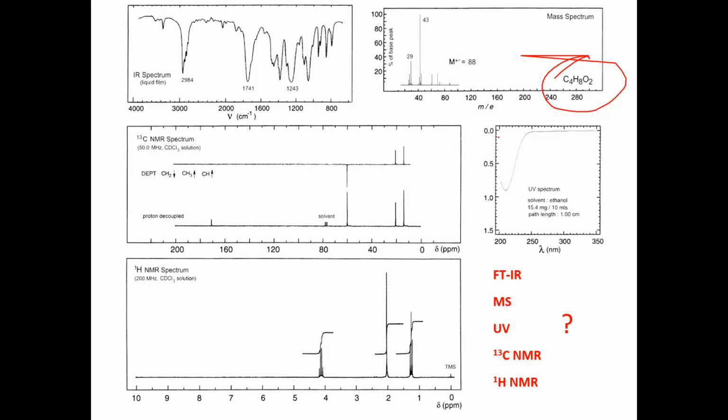Proton NMR. What can you see from proton NMR? Three environments, very good. I always mention the number of environments. Then the integrals tell you it's 2, 3, 3.